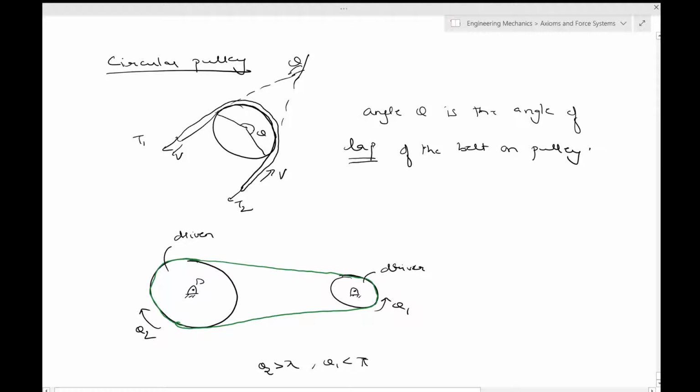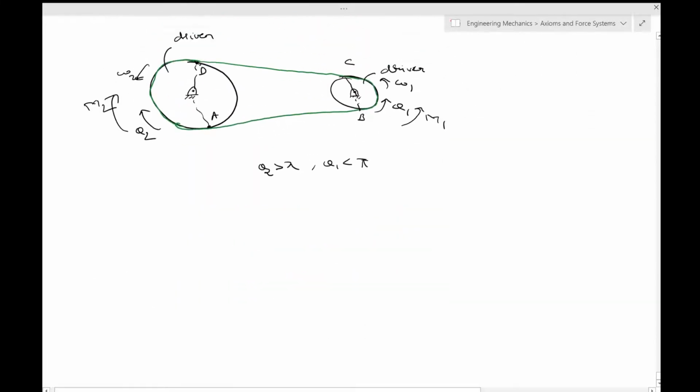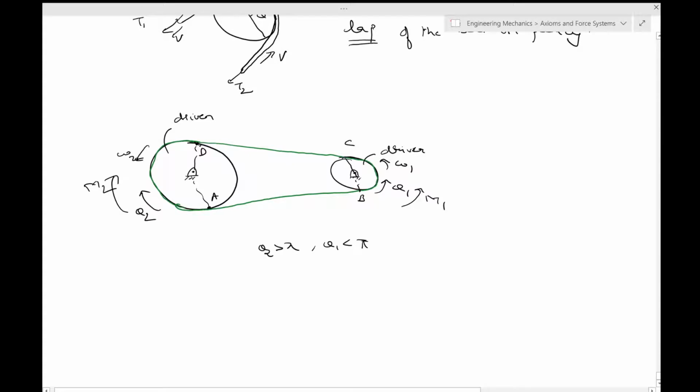Let's call this point D, this point A, this point C, and this point B. This has omega 1, this has omega 2, and torque m1. So this is an example of a power transmission. A driving wheel, the driver, transmits power to the driven.